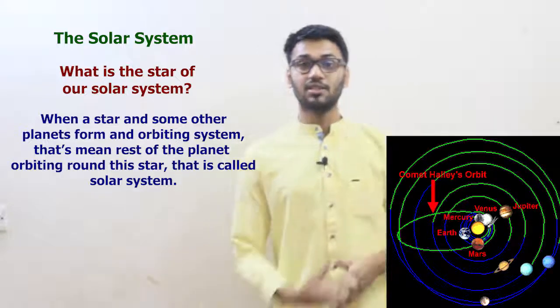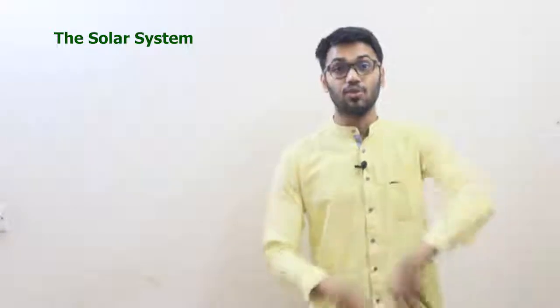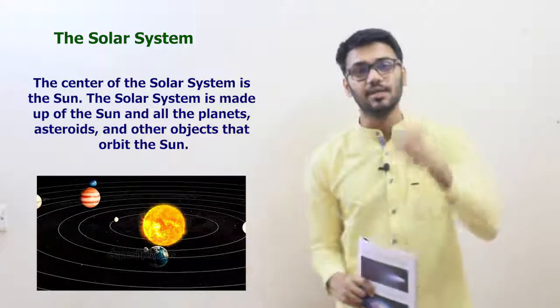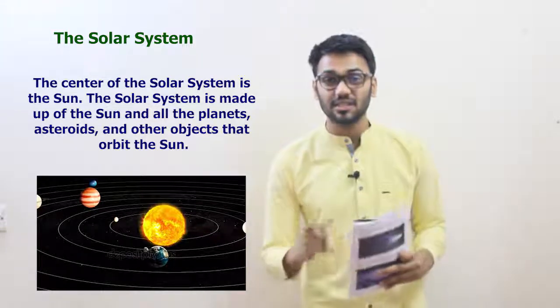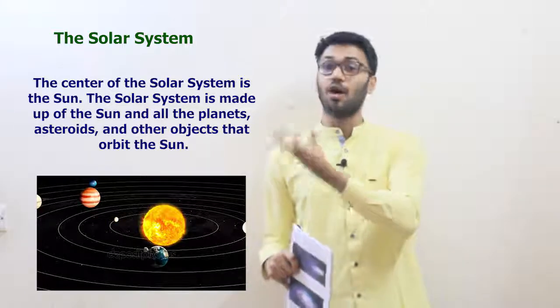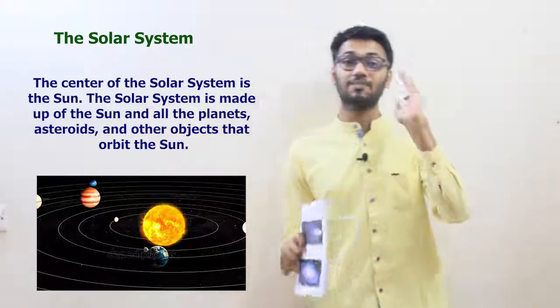Now let's go through the book, and today we will be talking about the solar system. How do you read it? The center of the solar system is the sun. What is the center? The sun. That means the sun is in the middle of everything. And then we have all the other planets.